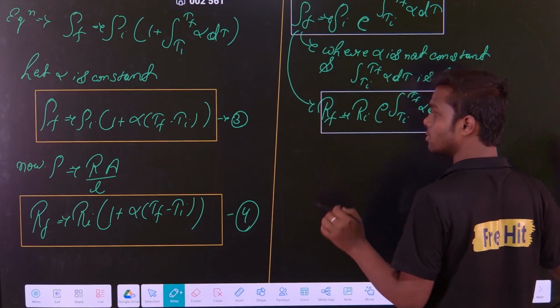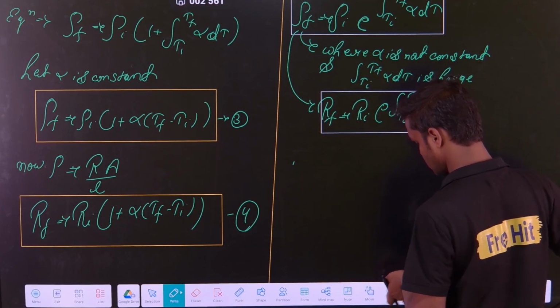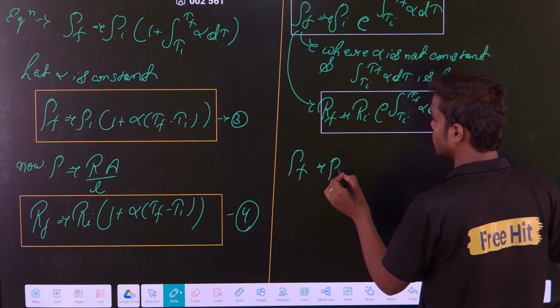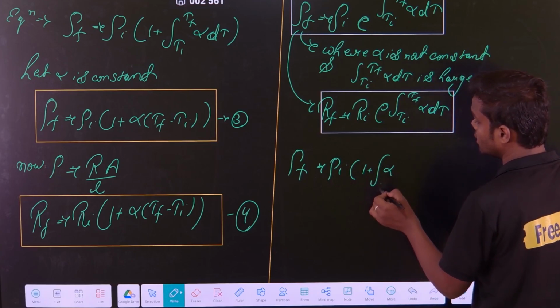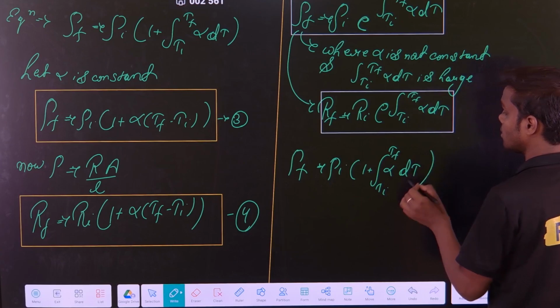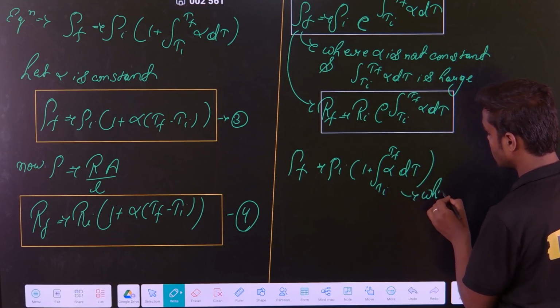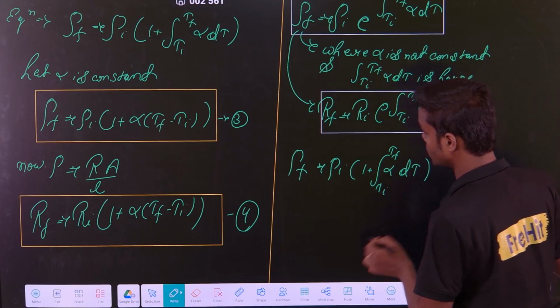The second formula which you have to remember is this: rho final is equal to rho initial times 1 plus alpha integration of Ti to Tf dt. What is the condition for this formula to be applicable?